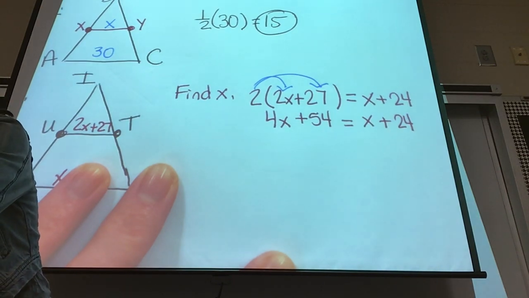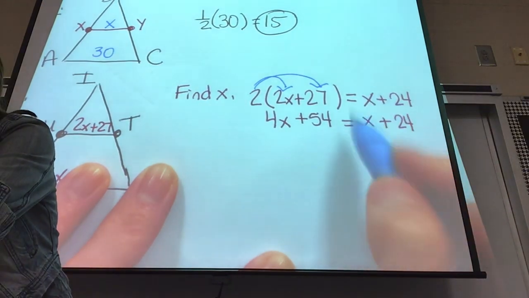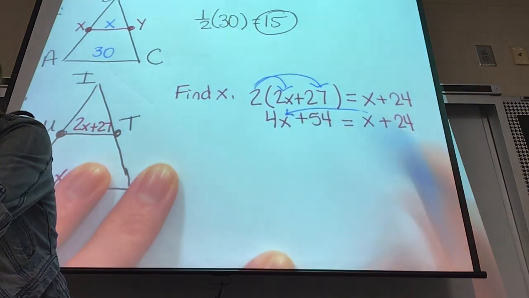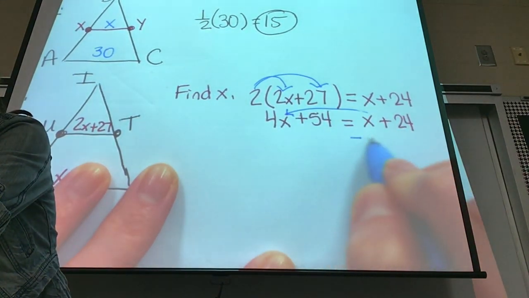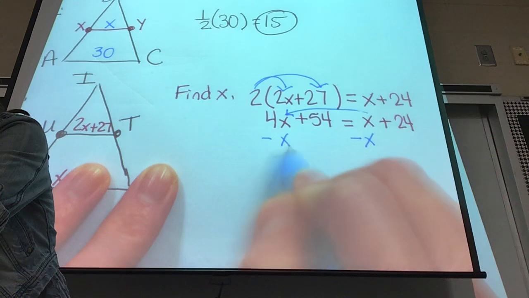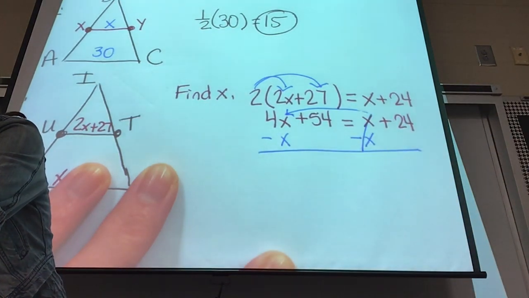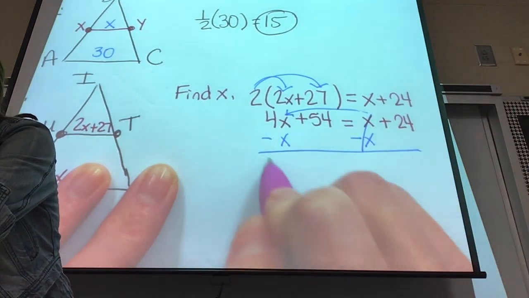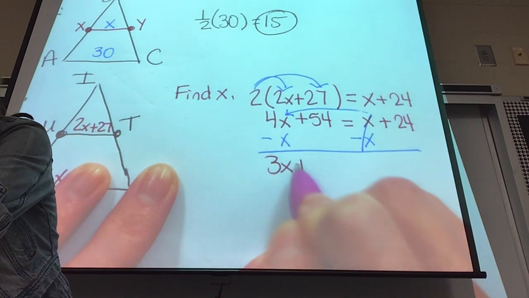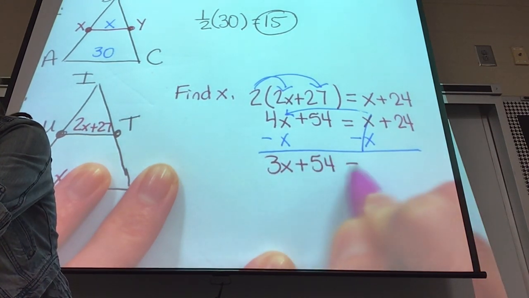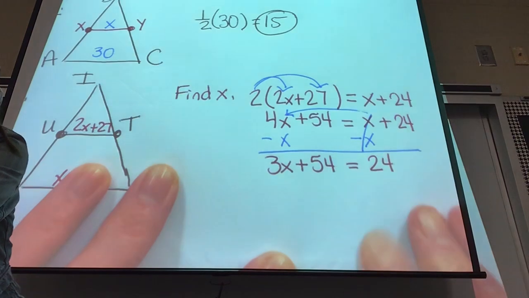Again, I like my letters in the front. So I'm going to move this x to the front. So I'm subtracting x or 1x. So 4 minus 1 is going to be 3x plus 54 equals 24.